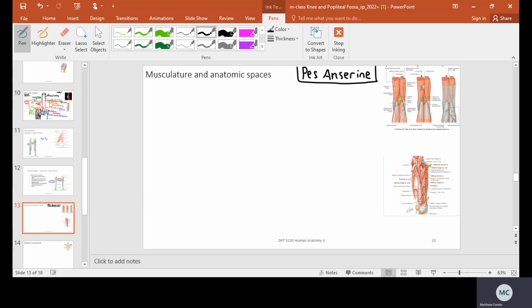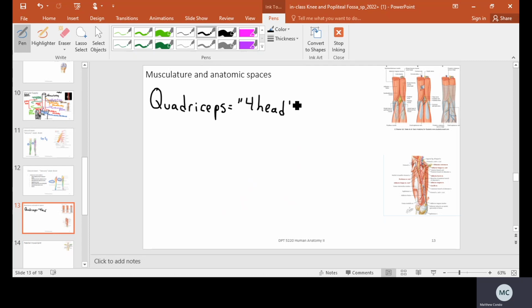All right, so on my front side, the big heavy hitter here is going to be my quadriceps. Now, quadriceps equals 4 heads, right? Quad means 4, ceps means head. I have 4 different muscles here.